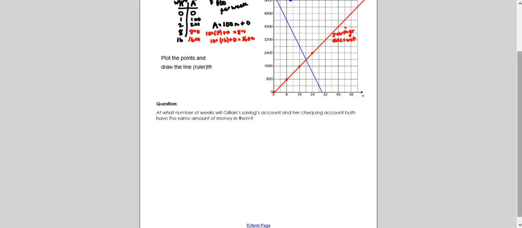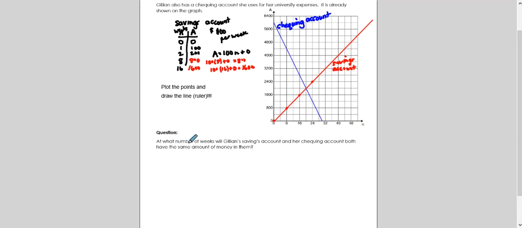All right. And if I look at this, at what number of weeks will Jillian's savings account and her checking account both have the same amount of money? So when I'm looking at that, okay, so what number of weeks will her savings account and her checking account both have the same amount of money?